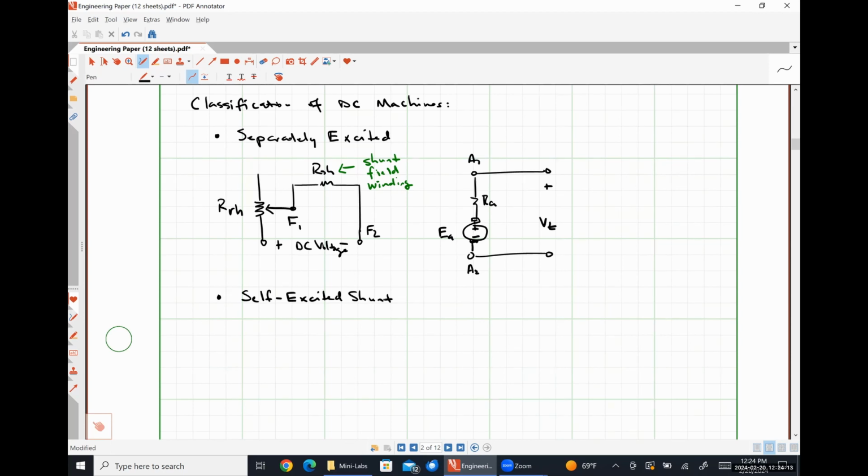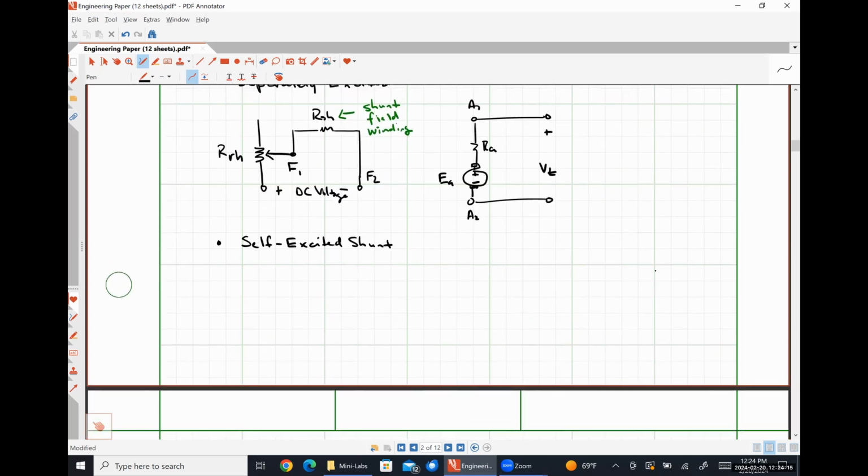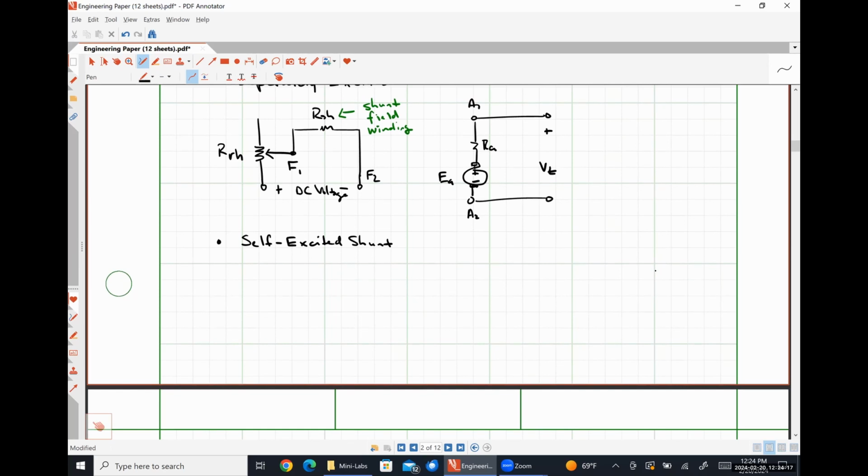That's all shunt really means. Okay. So that's going to look something like this. So let me draw the armature circuit first here. So here's A1, our resistance RA, our induced voltage EA, here's terminal A2.